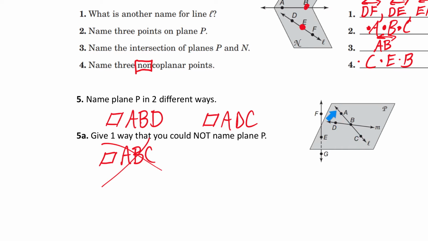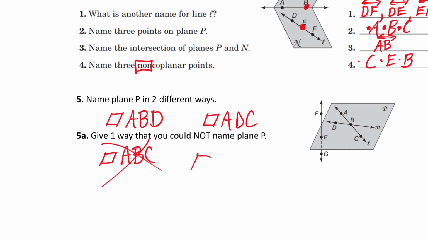That does not make a plane. To make a plane, the 3 points have to make a triangle, like ABD. You can see how that makes a triangle. It makes a flat surface. ADC, like I said, makes a flat surface, so you can make a plane from that. But whenever it's just 3 points in a straight row, you cannot make a plane from that. So that's the main one I wanted to talk about there.